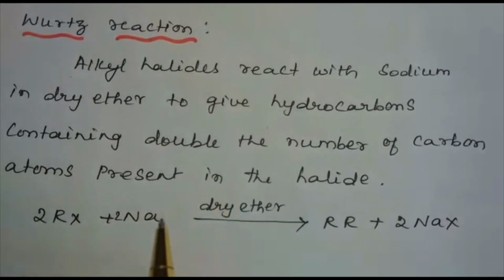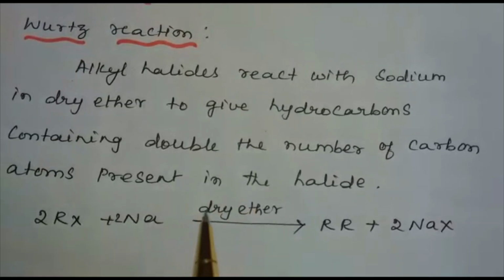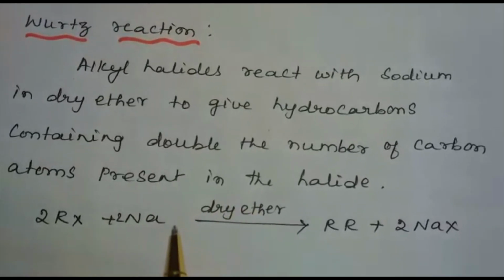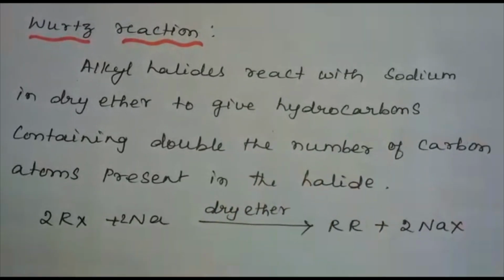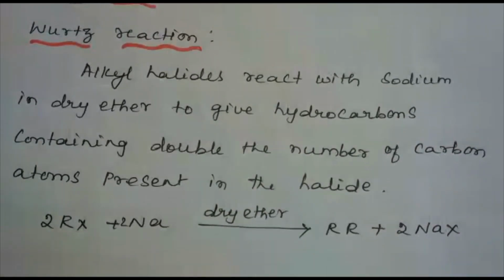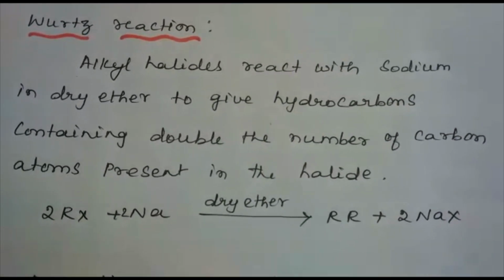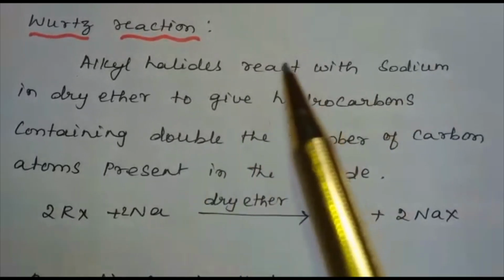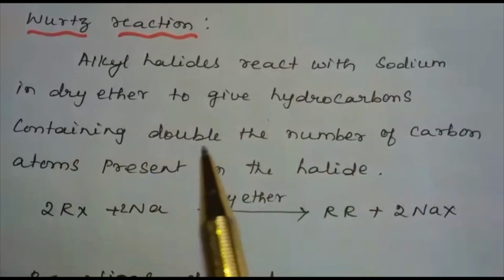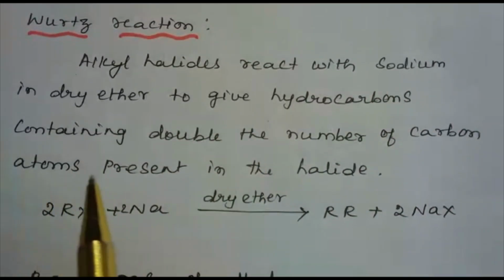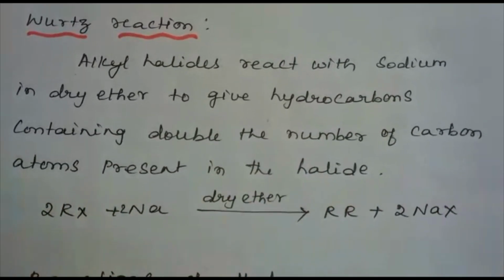We already discussed why dry ether is added to sodium, in the beginning of this topic. What is the speciality of the Wurtz reaction? Alkyl halides react with sodium in dry ether to give hydrocarbons containing double the number of carbon atoms present in the halide.